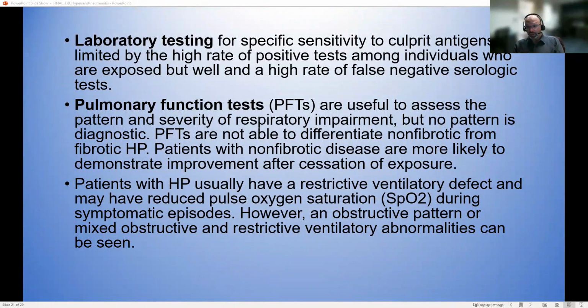Patients with non-fibrotic disease are more likely to demonstrate improvement after cessation of exposure. Patients with HP usually have a restrictive ventilatory defect and may have reduced pulse ox saturation. However, an obstructive or mixed pattern can be seen. Next slide, please.